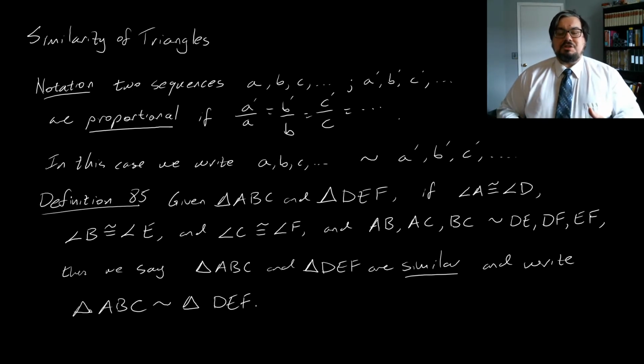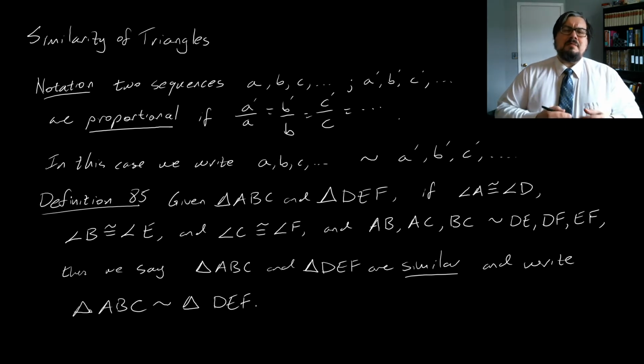Now, the definition of similar that we use here requires a lot. It requires that all of the corresponding angles in the triangles be congruent to one another, and it requires that all of the corresponding sides have lengths that are proportional to one another.